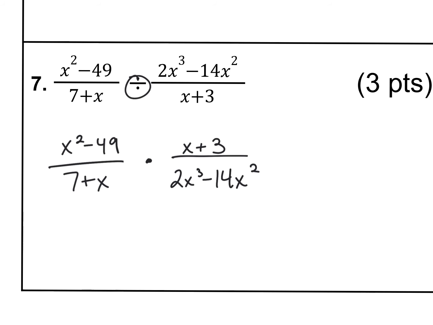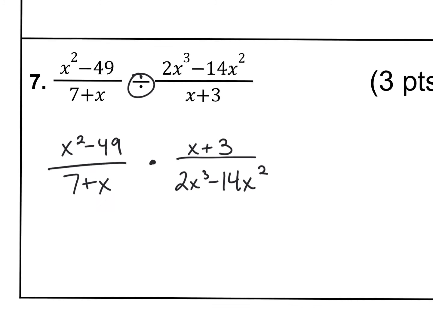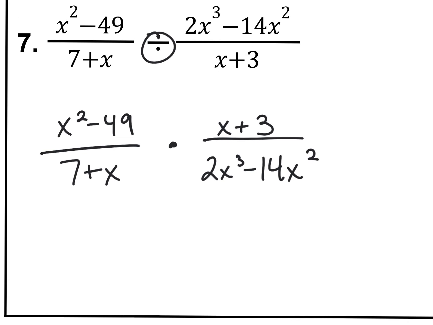And we change that sign to multiplication. We don't change anything about that second fraction other than changing the position of the numerator and denominator. We don't change any signs on it, okay? All right. Now, I start with what?